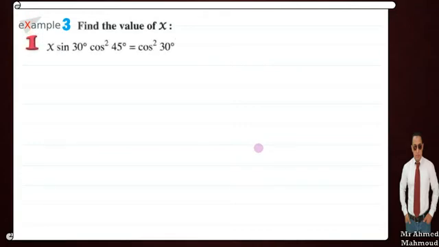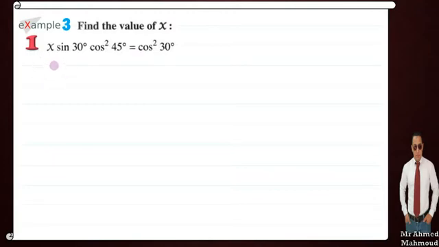Now we have example 3. In this example, find the value of x. Number 1: find the value of x where x root sine 30 cosine square 45 equals cosine square 30. This is an equation.